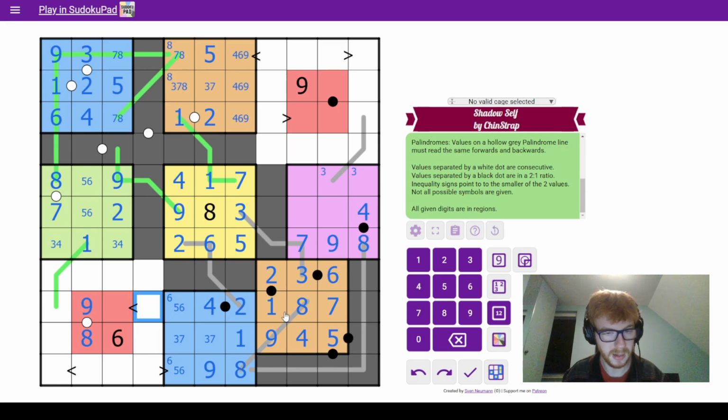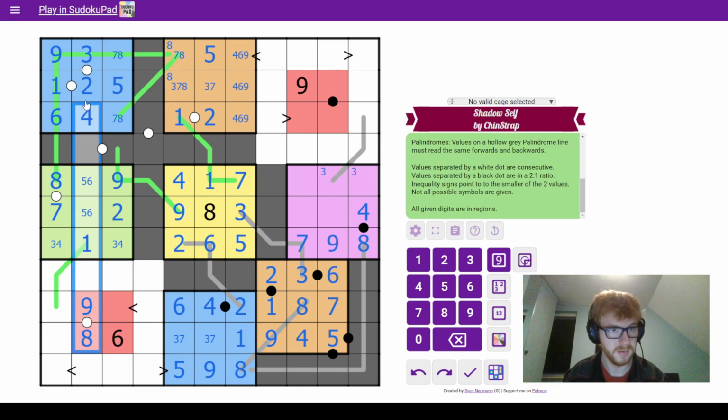Okay, so where am I going to get the 6 in this row? Because same thing goes here. I'm getting a full thing, but there's not going to be a 6 from red. So this is the only place I can get the 6 from. 5, 6. And in this, I'm going to have all the digits as well. 1, 2, 3, 4, 5, 6.